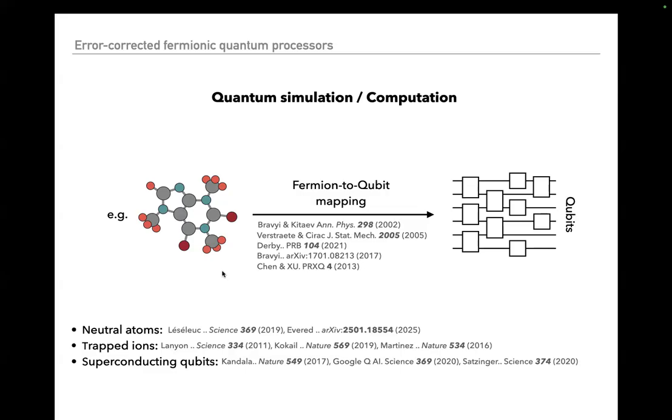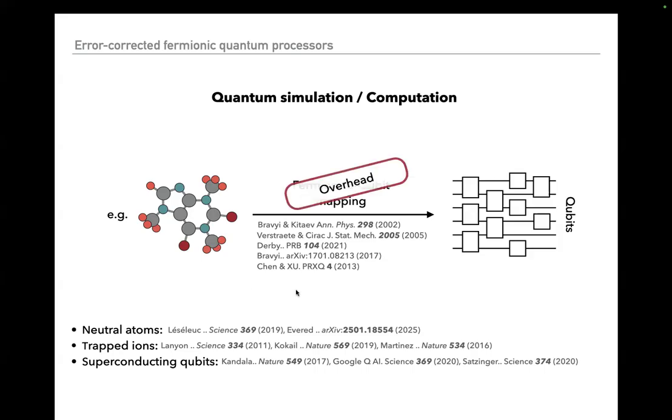Here is a list of experiments that have been conducted in recent years, notably built on architectures of neutral atoms, trapped ions, and superconducting qubits. This list is by no means complete, but it illustrates that there is a relatively large number of experiments which have seen this effective fermionic dynamics in bosonic hardware.